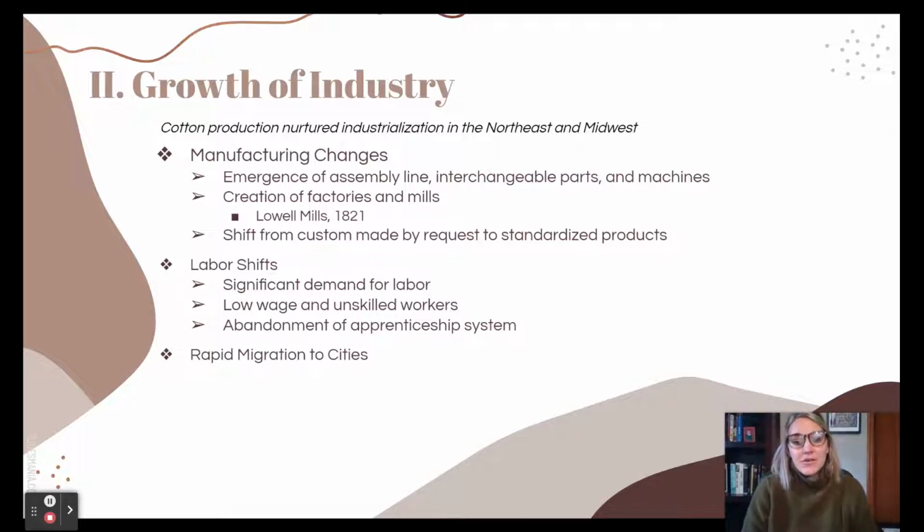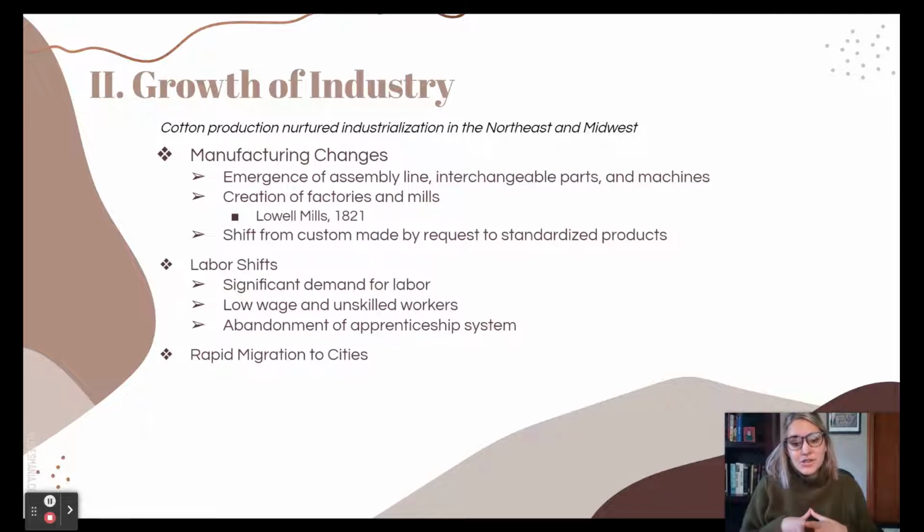And so we see demand for labor increase, and the specific type of labor that is being demanded is low wage and unskilled workers. So what we see happening is that prior to this, there would have been many apprentices working for artisans, and they would become extremely skilled in custom products. They would become skilled in the entire process of creating a product.